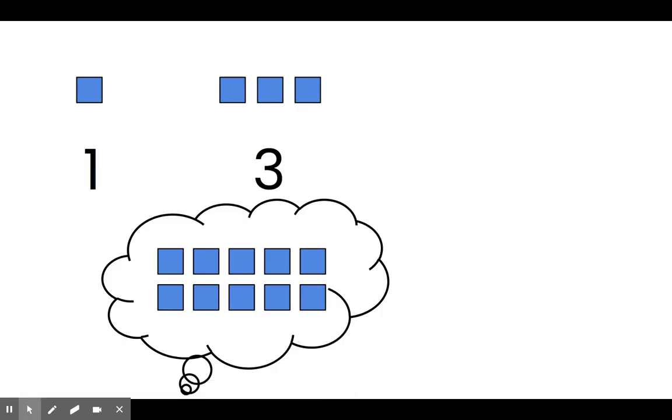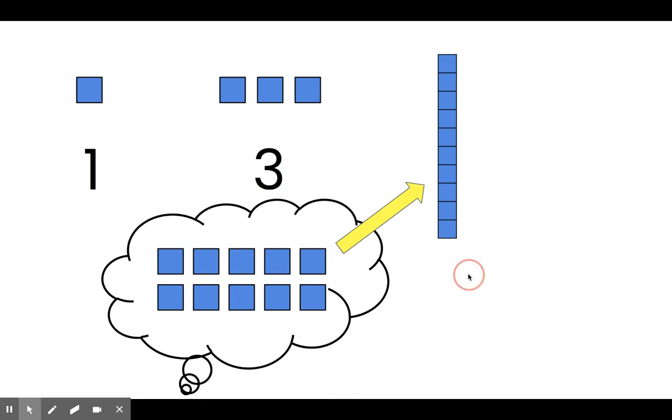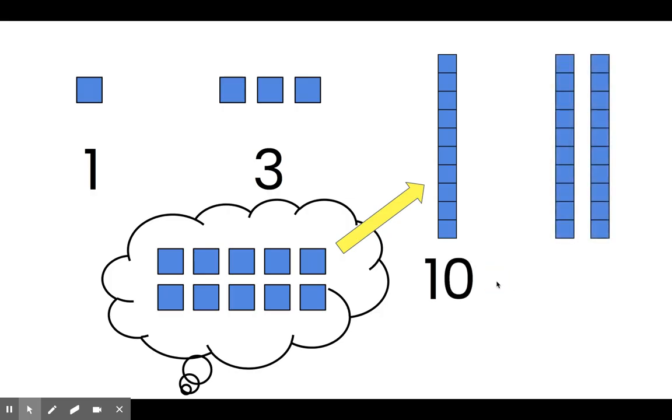Our 10 ones for one 10 stick. That's right. Once we have 10 ones, we can trade it in for a 10 stick. What number are we representing with these two 10 sticks? We would count by tens. Try it. 10, 20. The number 20.